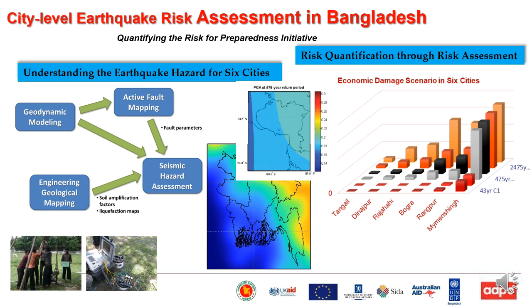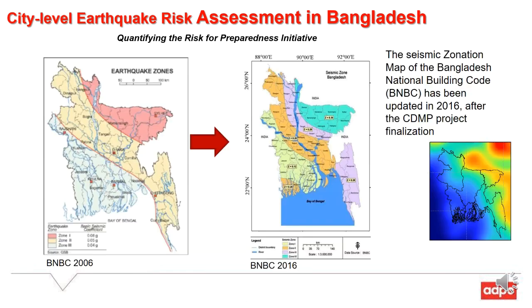Based on that, for different return periods, peak acceleration has been calculated, and risk quantification through risk assessment for 6 cities, along with 3 more major cities in Bangladesh, has been produced, which actually resulted in contingency planning and others that I will talk about in coming slides.